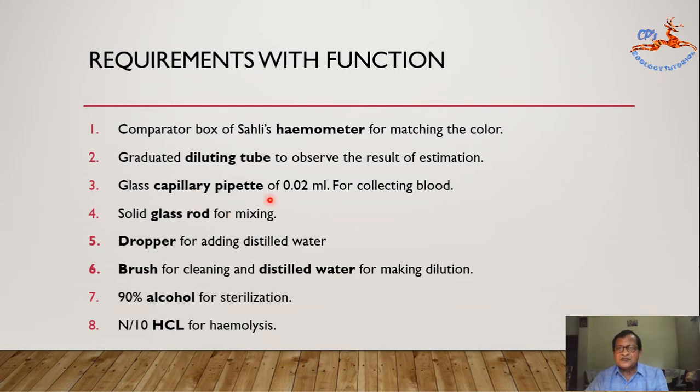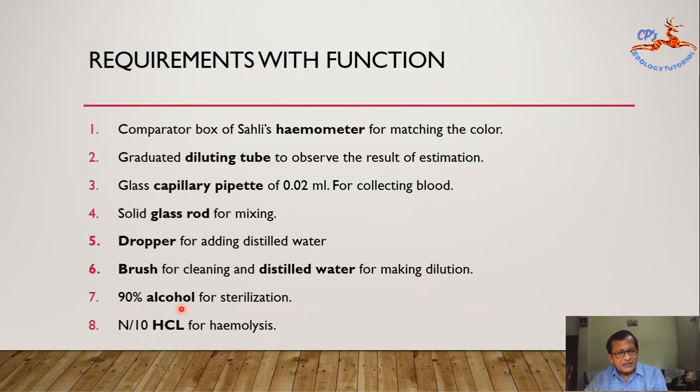A capillary tube is there to draw the blood sample from the human body. Glass rod is there for mixing between the HCl and blood. A dropper is used to add the distilled water for making dilution again. Distilled water is used for making dilution.